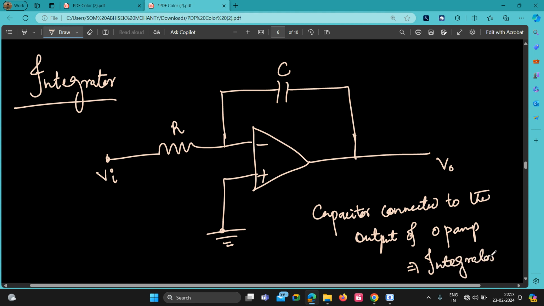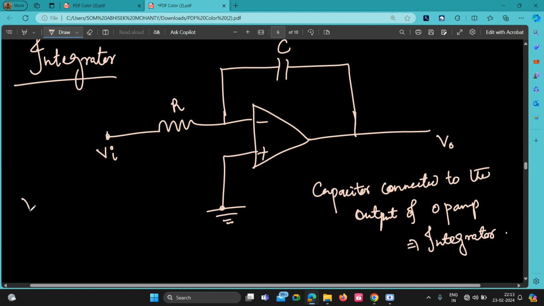Okay. So here, how will you solve it? See, here your gain V naught by Vi will be minus Rf by R. We know it because this is an inverting op amp, and because Vi is connected to the negative part of the op amp. So Rf is this one. We used to have Rf here, but here it is capacitance.